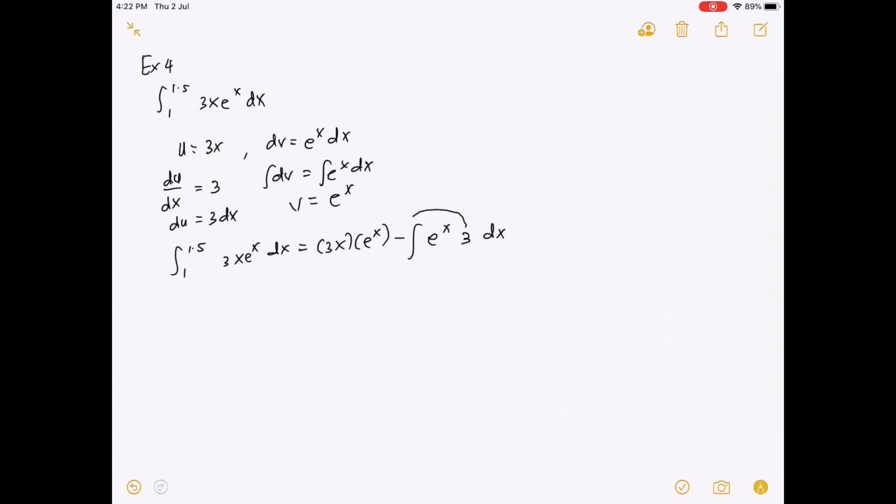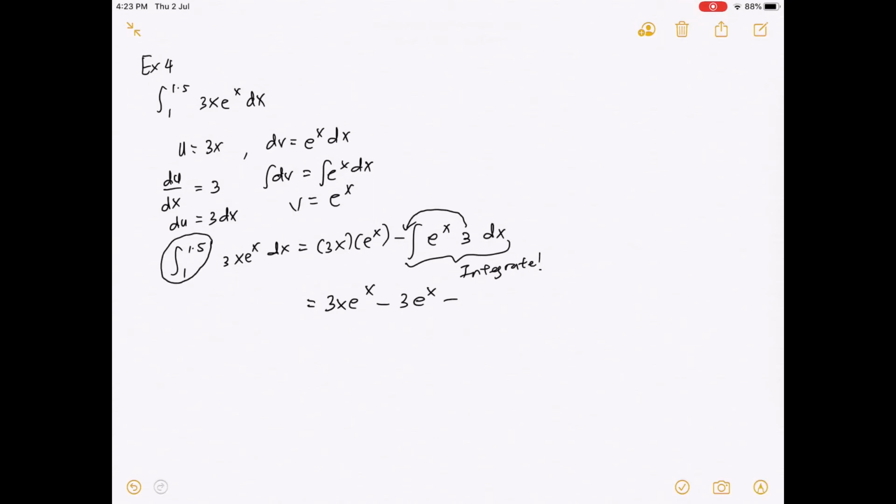We will have uv, 3x e^x, minus the integration of v du, which is 3 dx. This 3 you can bring outside the integration, and then remember to integrate this part. So I will have 3x e^x minus 3e^x.